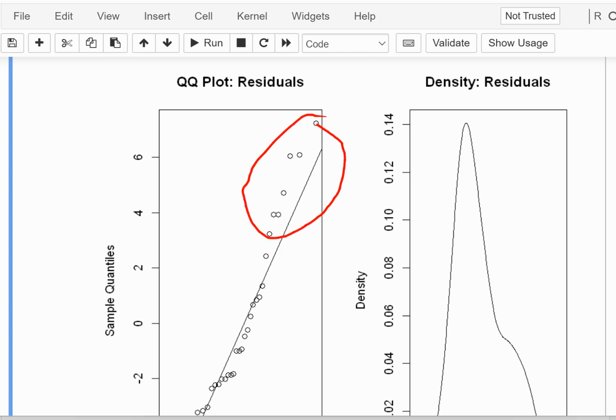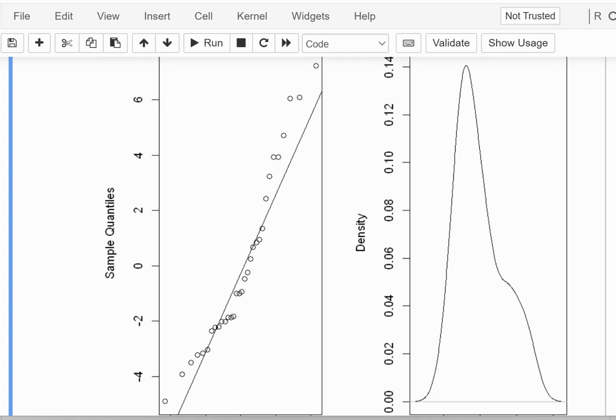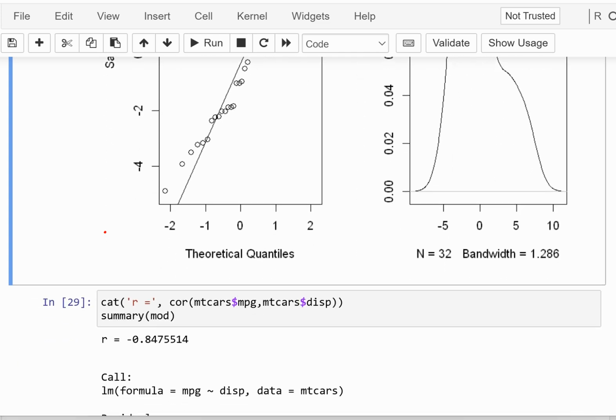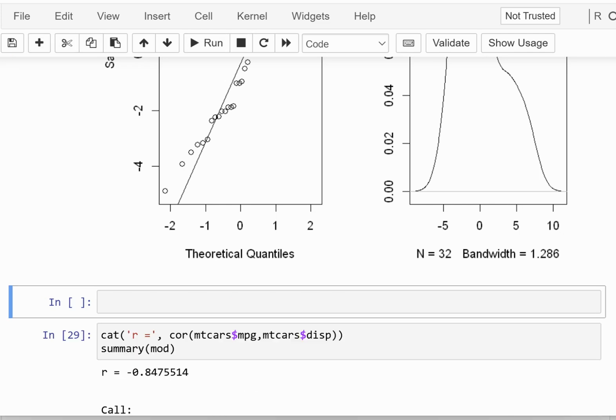Those points are too far away from the line, from the QQ line. So what am I going to say here for my data verification?